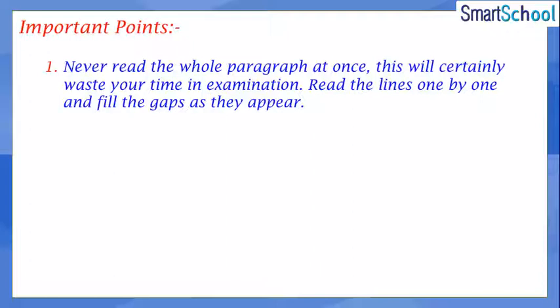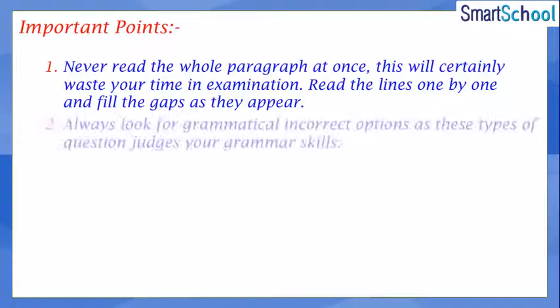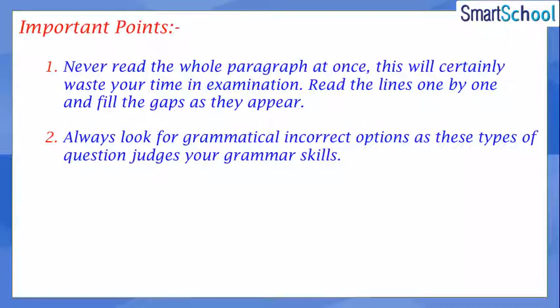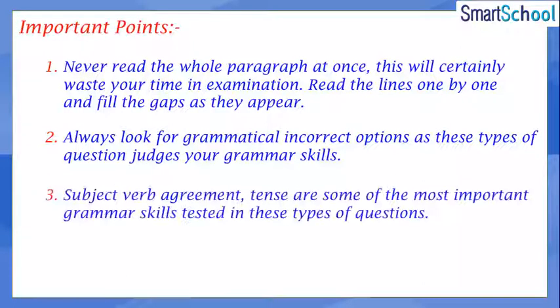Read the lines one by one and fill the gaps as they appear. Two: always look for grammatically incorrect options, as these types of questions judge your grammar skills. Subject-verb agreement, tense, etc. are some of the most important grammar skills tested in these types of questions.